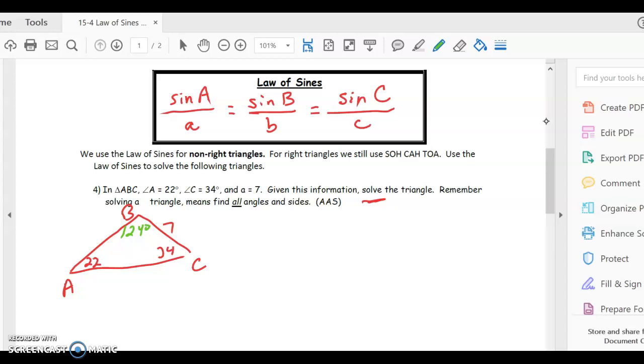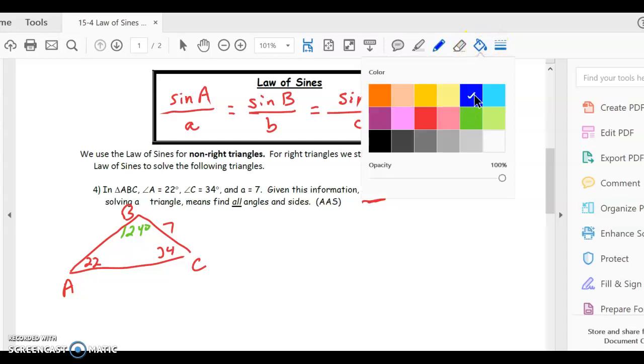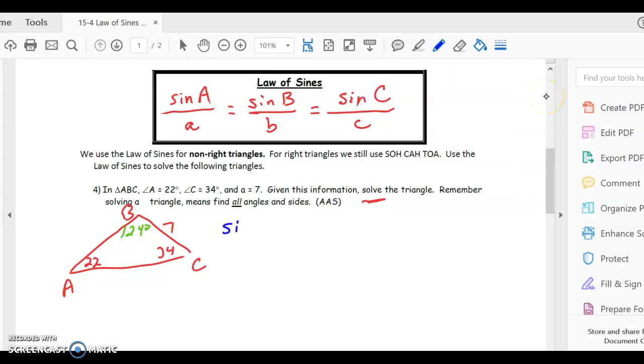Now from that information, we can set up some different equations using the law of sines. So we have the sine of 22 degrees over the side opposite, which is 7. That would equal the sine of 34 over c.